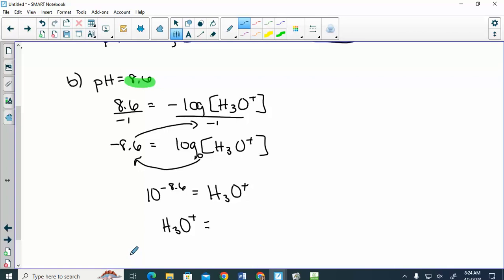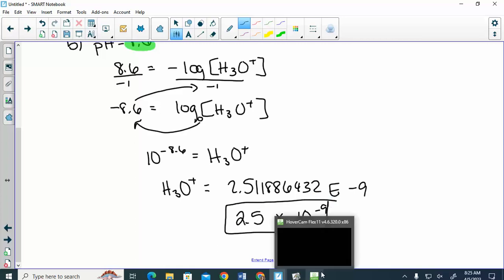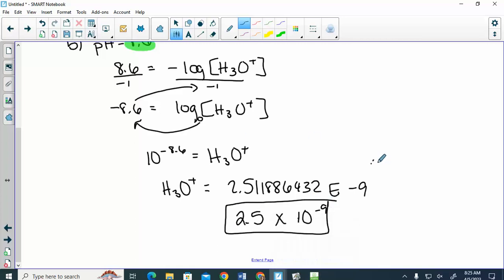So if you plug 10 to the negative 8.6 on your calculator, it gives you 2.511886432, and then at the end it says E negative 9. So remember we wrote that in scientific notation. So we just rounded 2.5. This E means times 10 to the negative 9.